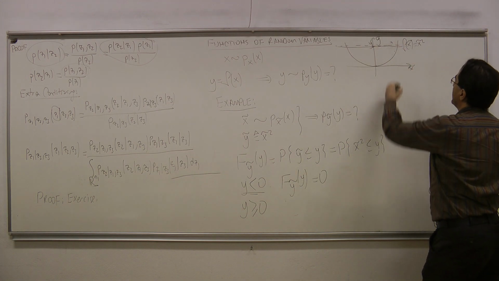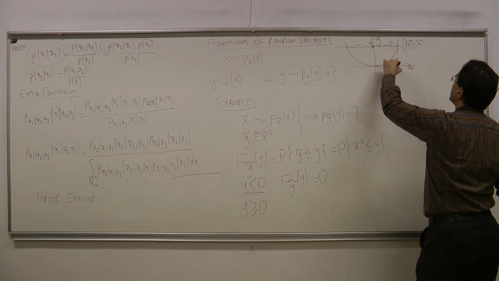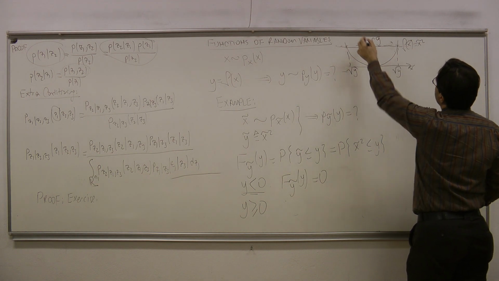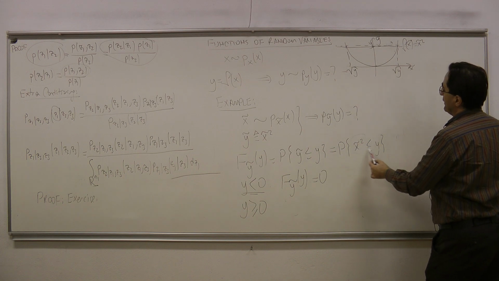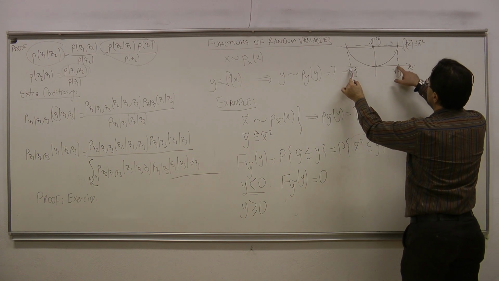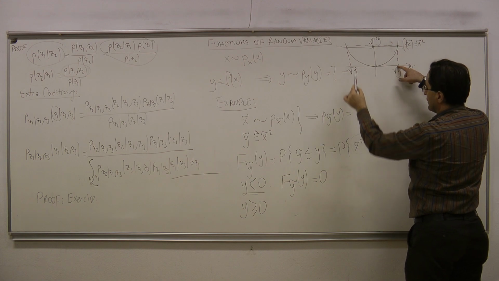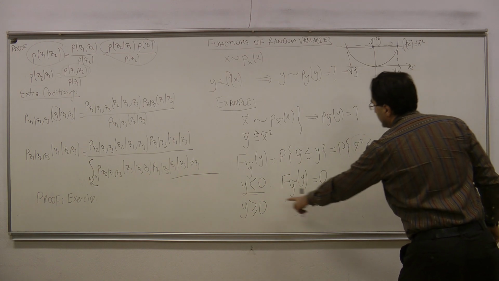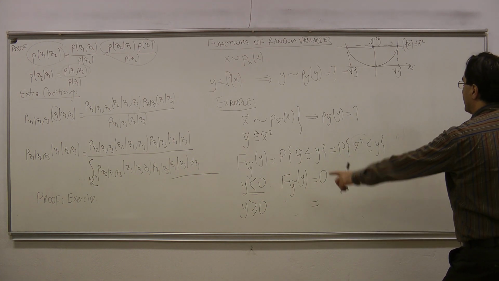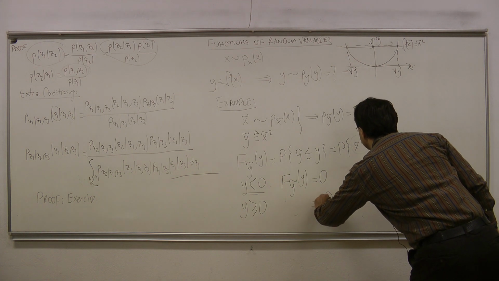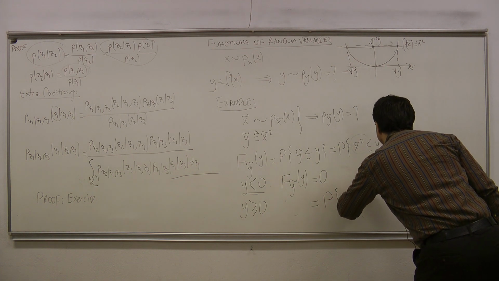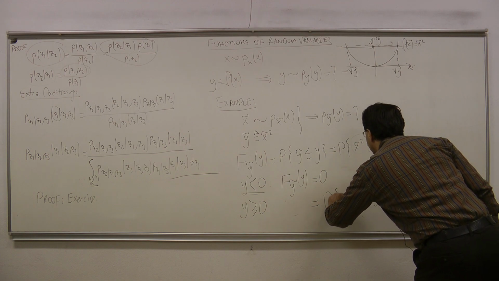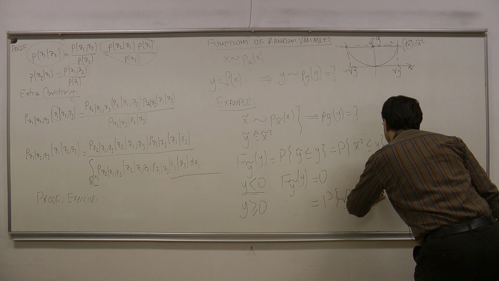So this is my y here, and I would have here square root y, and here minus square root y. If x tilde squared is smaller than y, then x tilde should be inside this interval. So, continuing for non-negative y values, this is equivalent to the probability of x tilde between minus square root y and square root y.